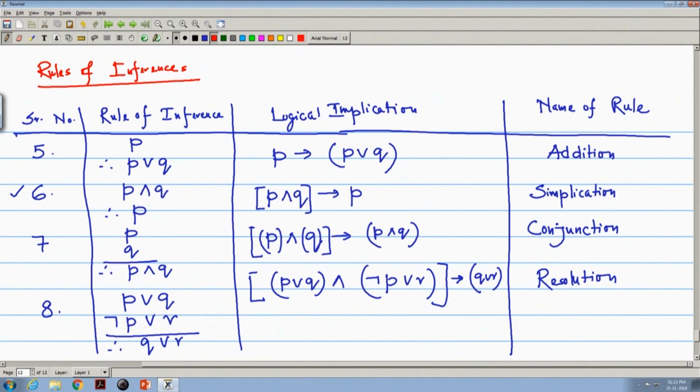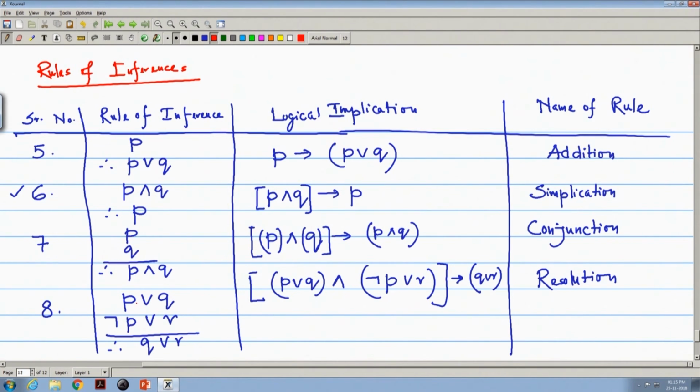But one thing, whenever we apply these rules of inferences, we have to mention which rule we are using here, and that is much easier, because we have to remember the names of the rules.